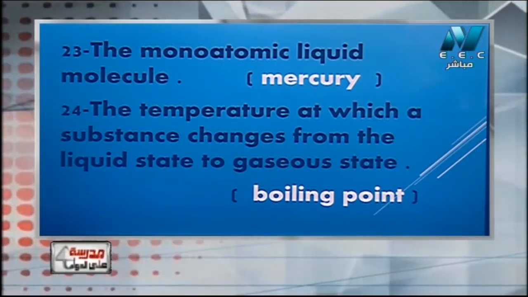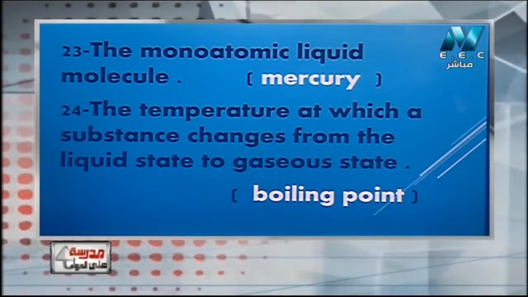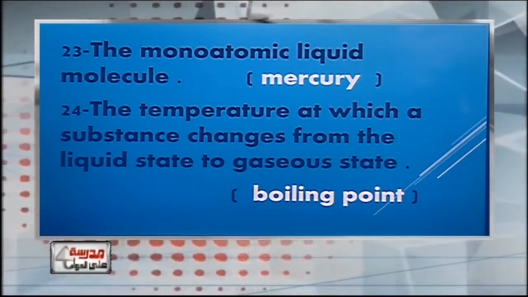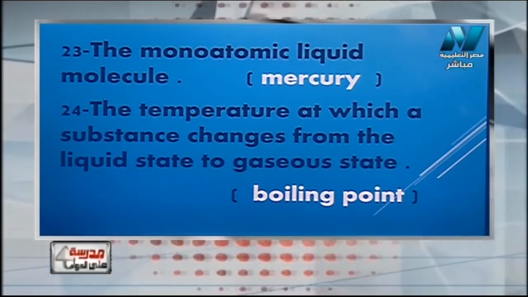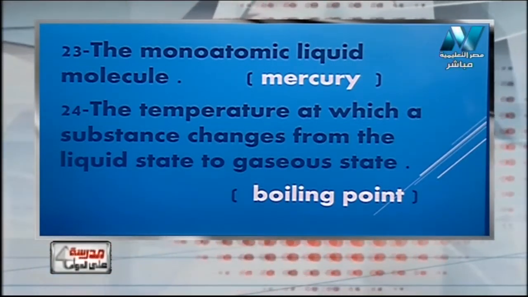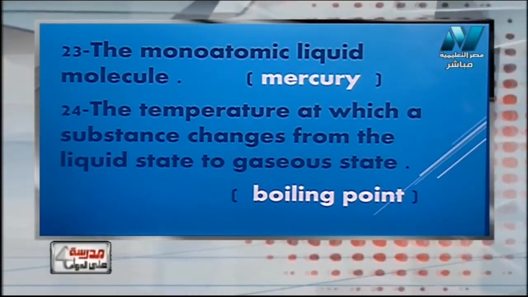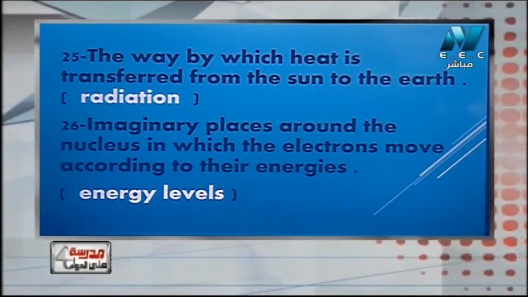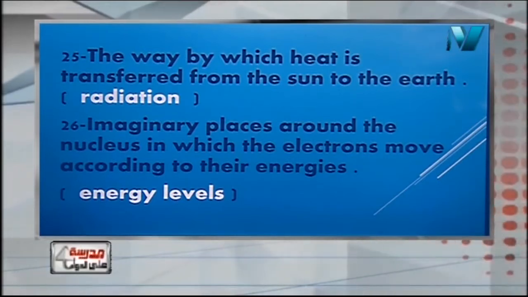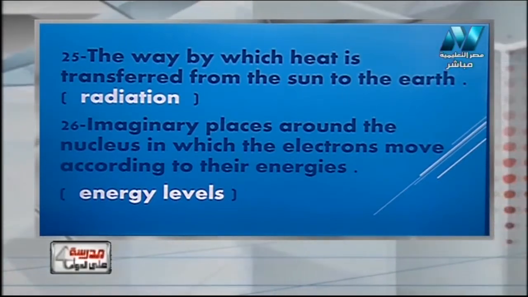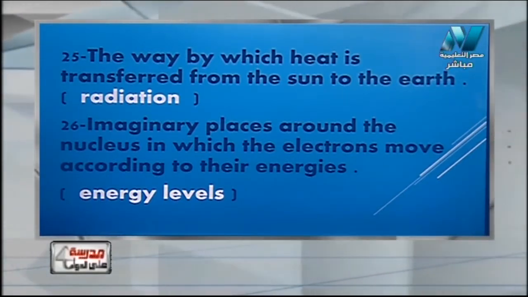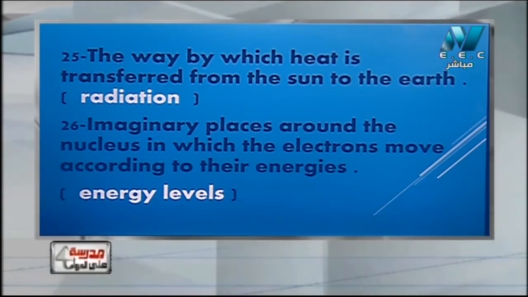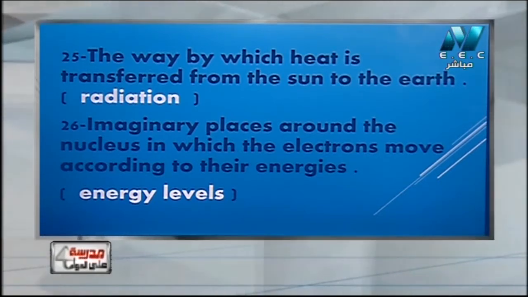24. The temperature at which a substance changes from the liquid state to gaseous state. From liquid state to gaseous state, it is the boiling point. 25. The way by which heat is transferred from the sun to the earth. From the sun to the earth, there are two types of media. Number one, no media, space.